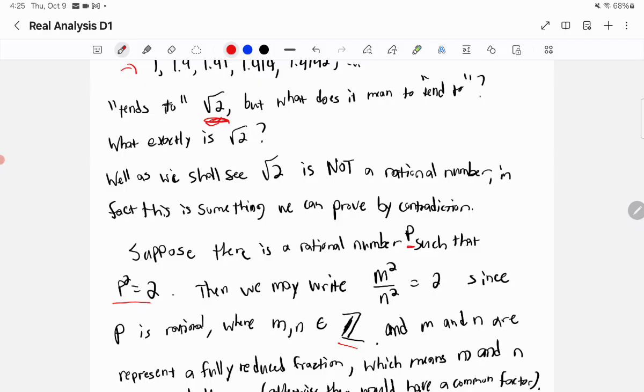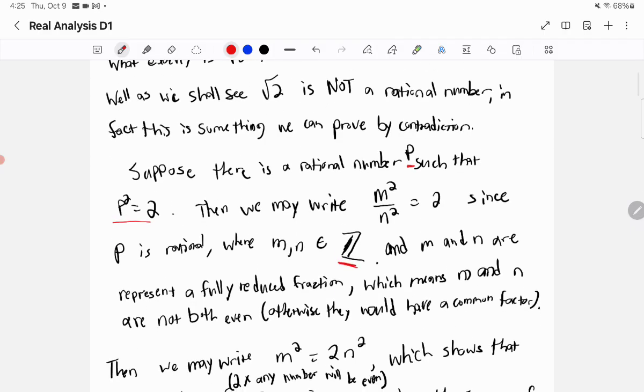When I say this Z here, I'm talking about integers, such that p is equal to m divided by n, and m and n are integers. Because of the definition of a rational number, we can square it, and what we'll get is m squared over n squared must be equal to 2.